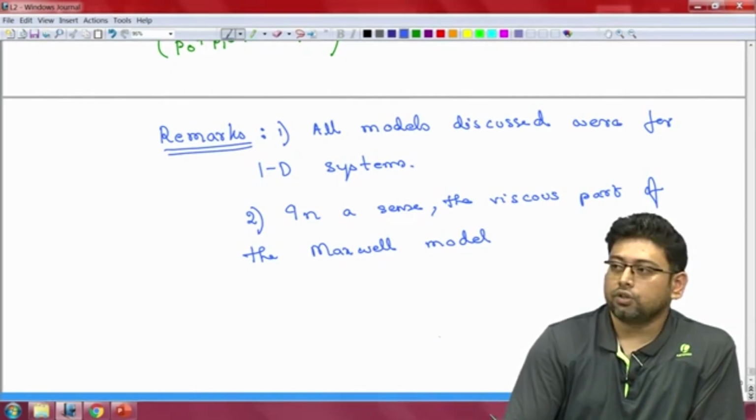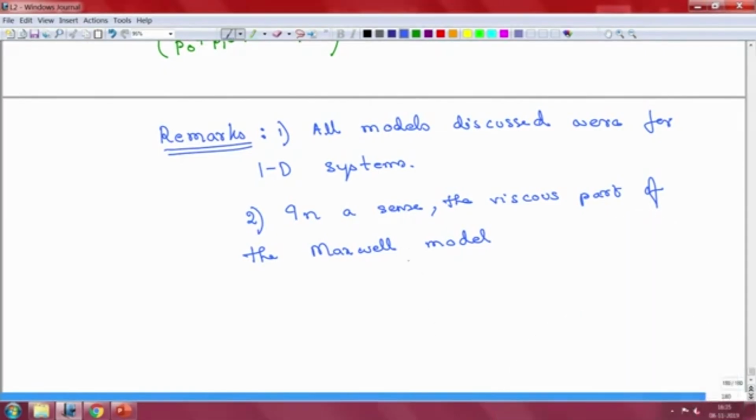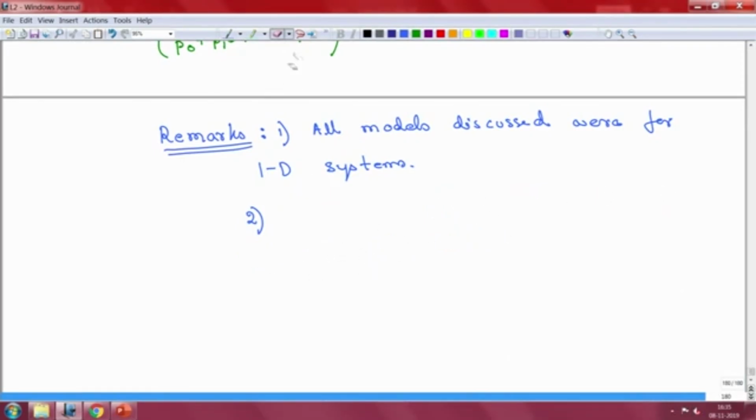So, the viscosity etc. were assumed to be constants at all different shear rates. Okay. Or maybe I will just reword this sentence here.